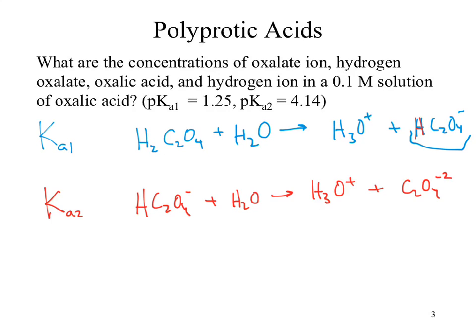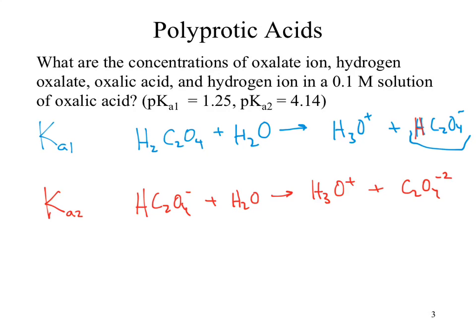So when you did number 4, all I said was for this very first equation, you'll notice I didn't call it Ka1. I just said pKa. Why? Because at that point, the only questions I asked about were the things in that first equilibrium expression. When we move to question 5, I now asked about the oxalate ion.